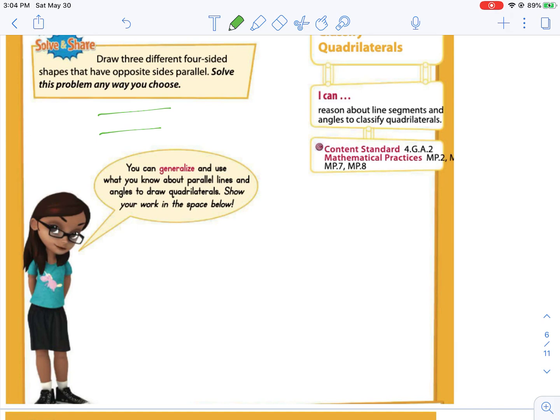So one quadrilateral that has parallel lines is, I could draw a square. 4 sides, they're all straight. And these right here would be the parallel lines, okay? Those would be the parallel lines. All right, so I could also draw a trapezoid.